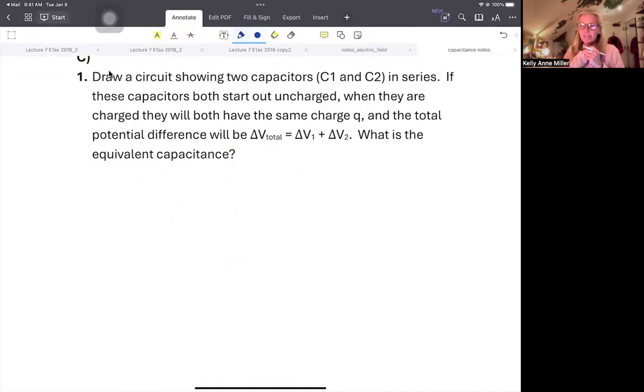These capacitors both start out uncharged, and when they are charged, they'll have the same Q. The total potential difference across them will be the sum of each of the potential differences. And what we want to know is what the equivalent capacitance is if we were to reduce these two capacitors down to just a single capacitor.